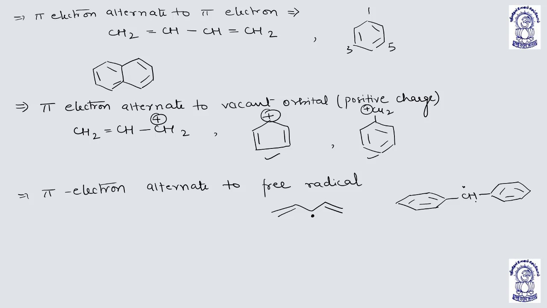It is also a pi electron alternate to free radical and pi electron alternate to pi bond. So all these are different categories of conjugations.